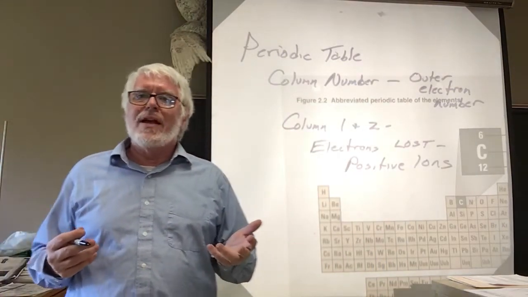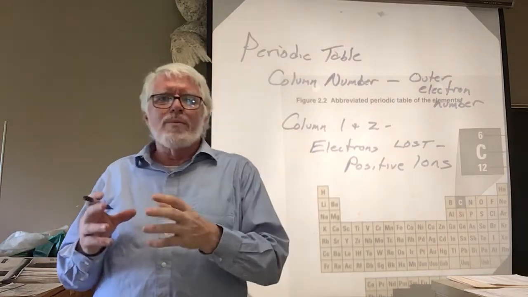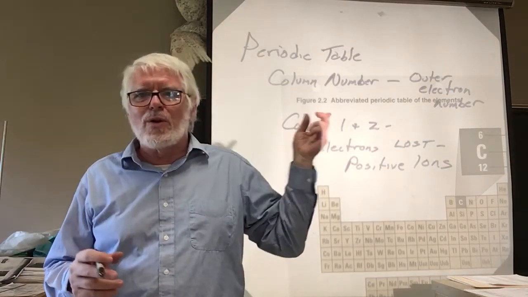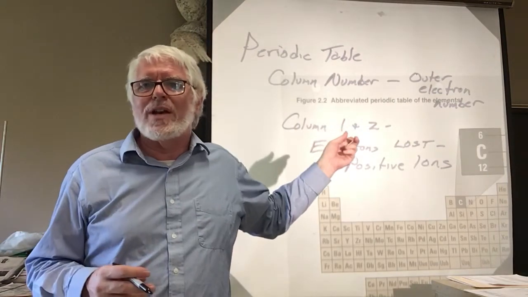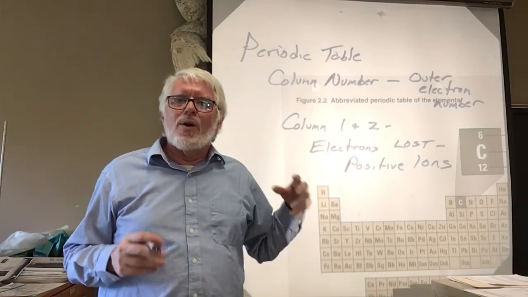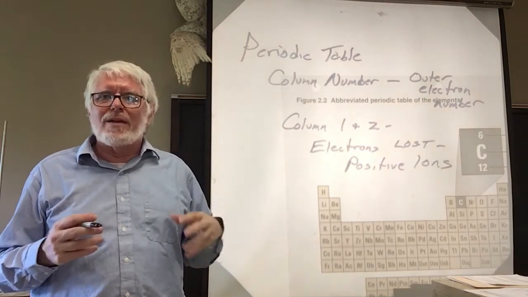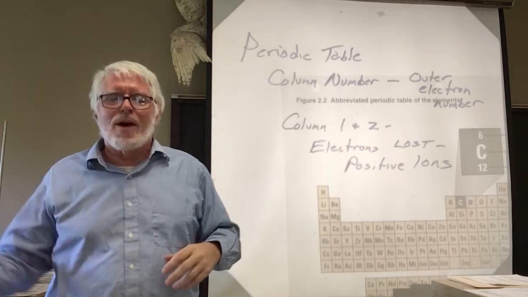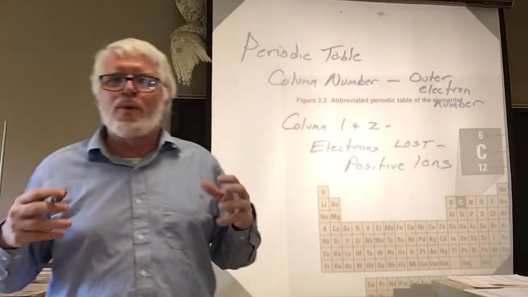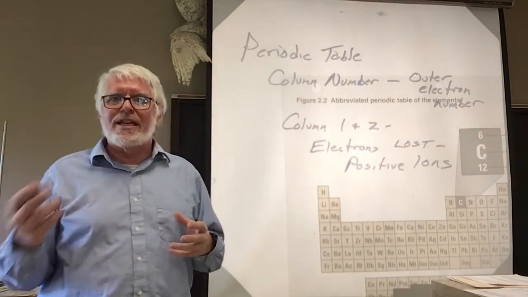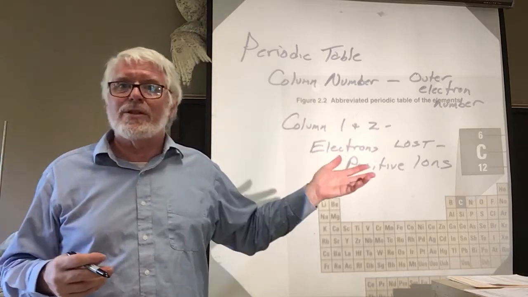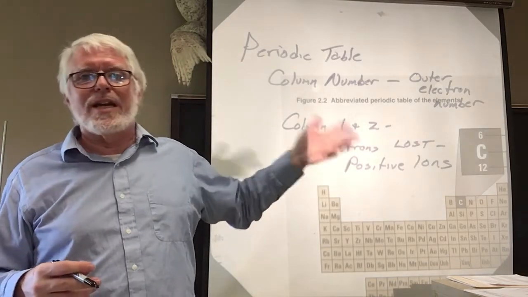That's stable. But now you have 1 proton inside that is no longer balanced off because you lost 1 electron. So in column 1 and column 2, you dump off an electron, or you dump off 2 electrons. You wind up with more positive charges than negative charges because you've lost negative charges. Every time you lose an electron, you lose a negative charge.